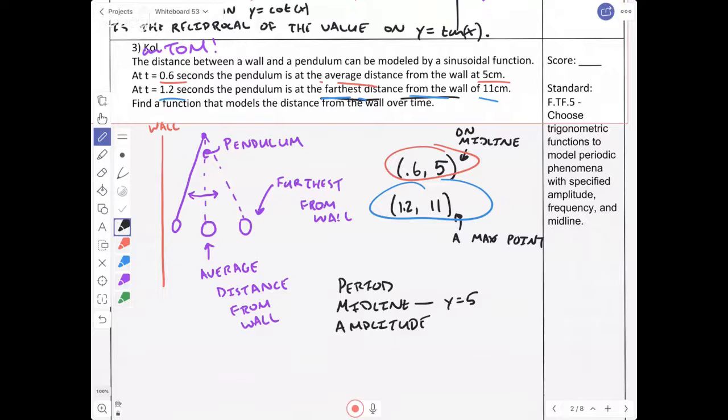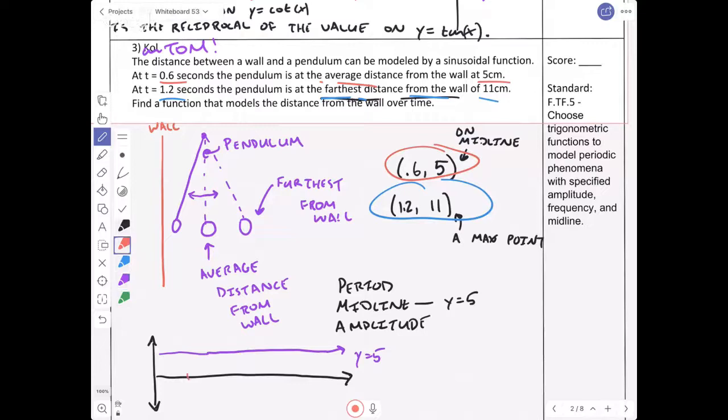I'm going to sketch a little graph here. You wouldn't need to sketch a graph necessarily, but I think it's going to be helpful for me to illustrate what I'm seeing happening so far. So here's y equals 5.